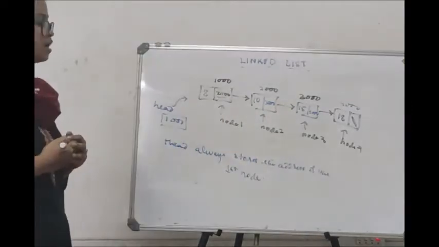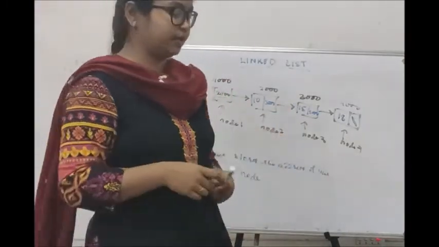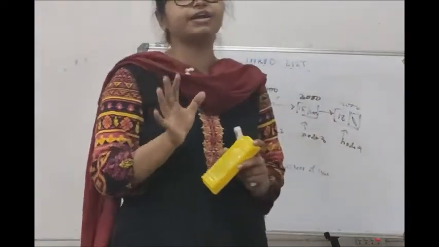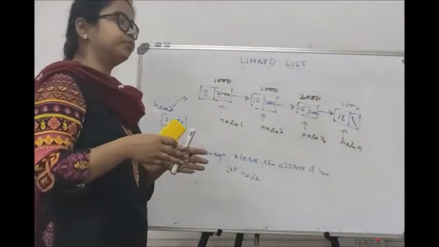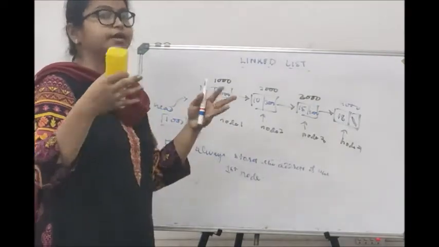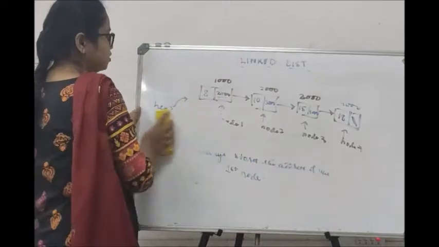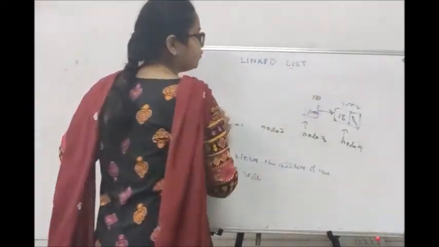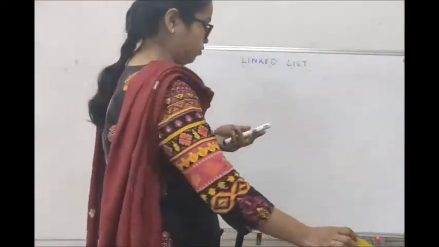Okay, so this is pretty much how a linked list looks. Now we will formally define the structure of a node, and we will see further how they are linked and how to write an entire program to create a linked list. So first of all, we will define the building block of a linked list, that is the node. How to define a node?